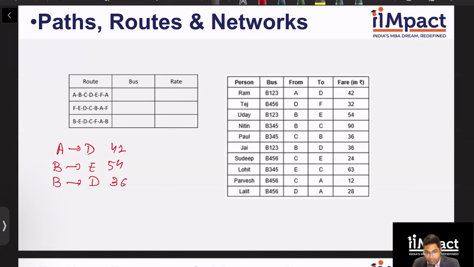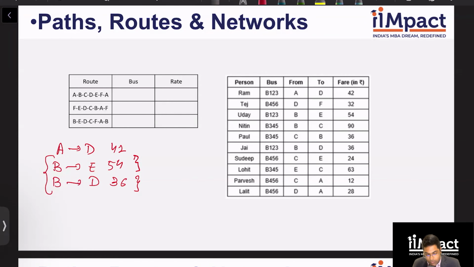Guys, do you observe something? If I look at these 2 people, they both traveled from B but went to different destinations, E and D, on their specific route, right? And the person who went to D paid less than the person who went to E. That means in my route, B to D should be less than B to E. Let's see which of these routes satisfy this, because I think that is the easiest way to find the combinations.